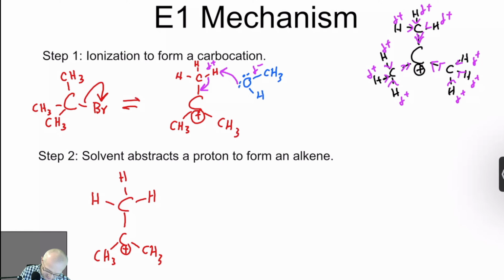All right, so delta positive here on that hydrogen. Here comes the solvent. Solvent is delta negative at oxygen. So now the lone pair from the O will attack the hydrogen. If we stop there, we break the duet rule, or hydrogen will have too many electrons.